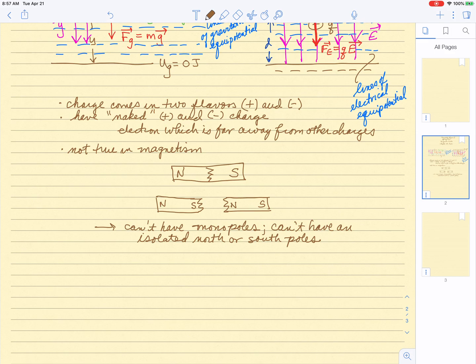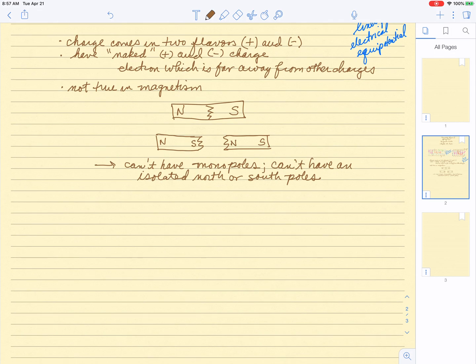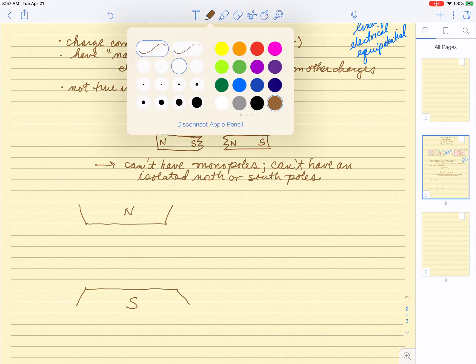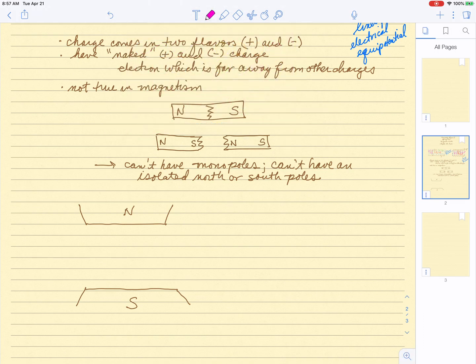So the problem at hand then is the following: we are going to assume that magnetic fields exist. If we look between the poles of a magnet, again, you can look up some pictures online, we are going to assume here that there's a magnetic field between these poles.